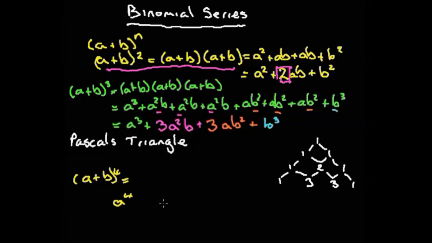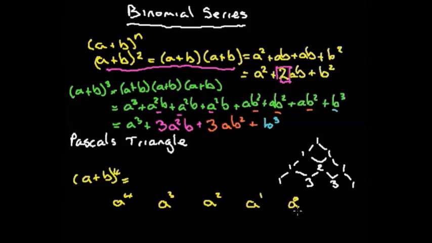So there's a to the 4, a to the 3, a to the 2, a to the 1, and then a to the 0. I'm going to put a to the 0 here, just for completeness, because that'll cancel out because it just equals 1.